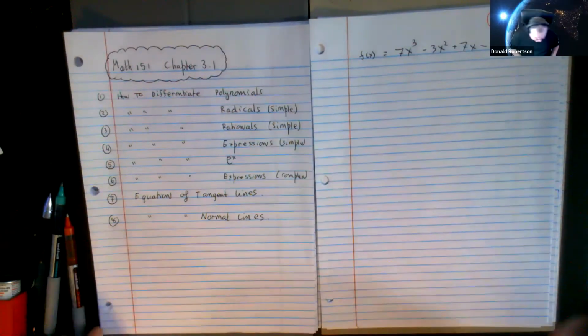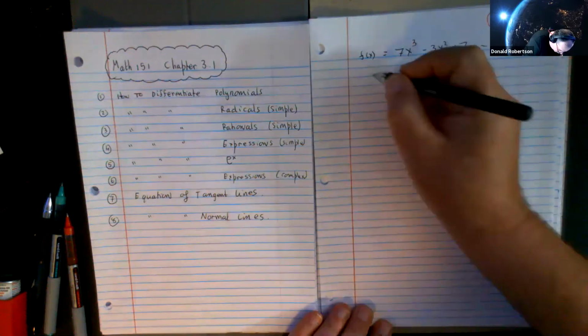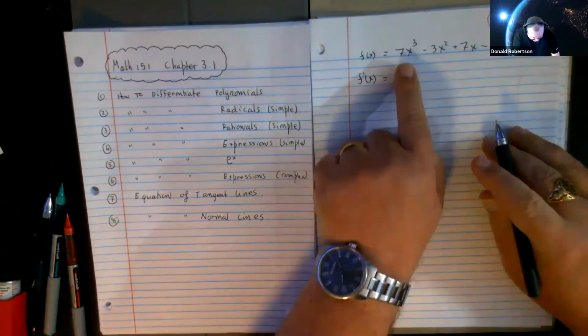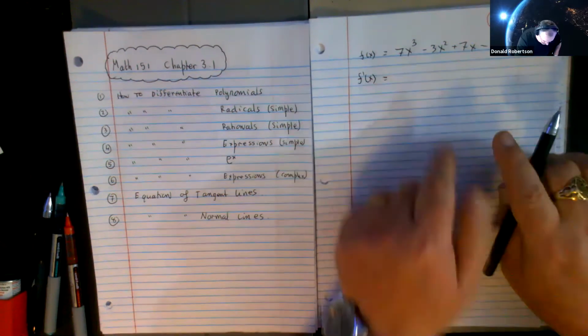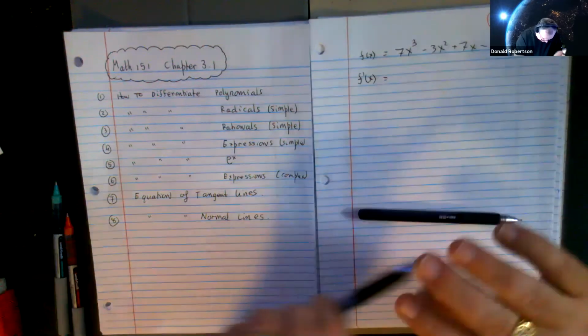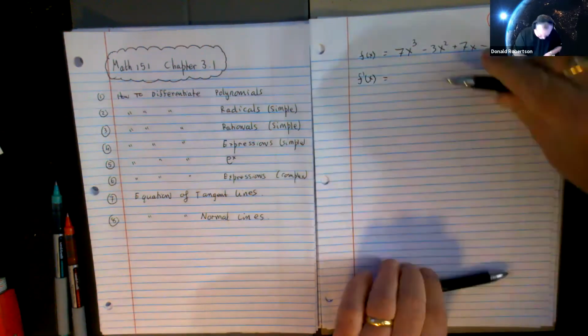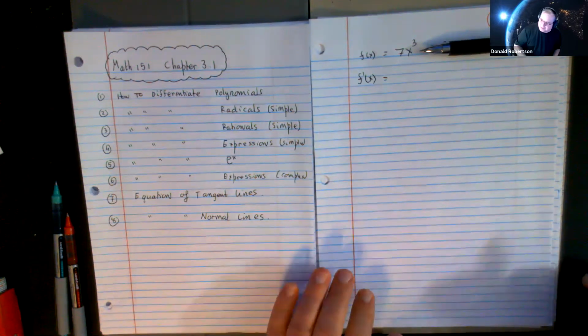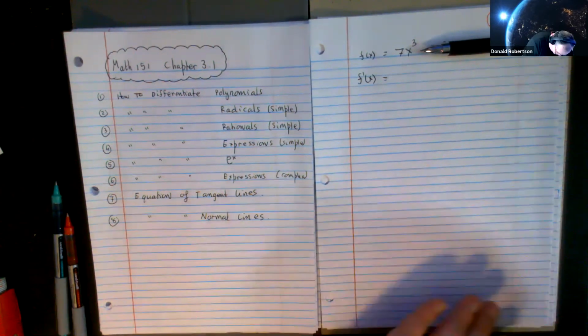And according to that rule, if you want to find the derivative, we'll call it f prime of x, you take each term and you use the power rule on it. And the power rule essentially says multiply by the power and reduce the power by 1.